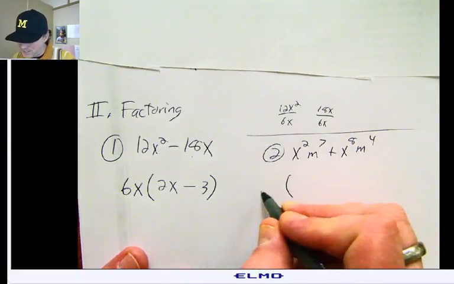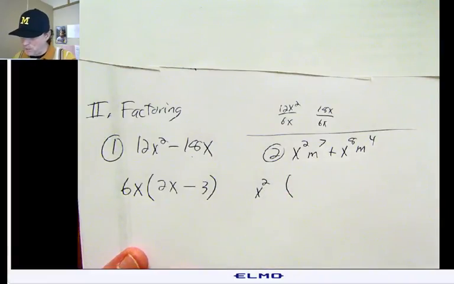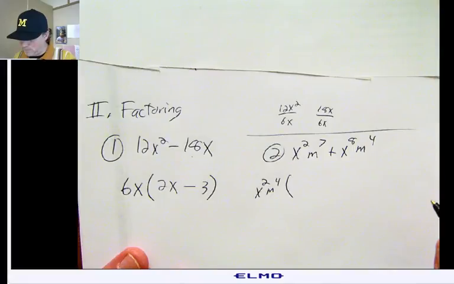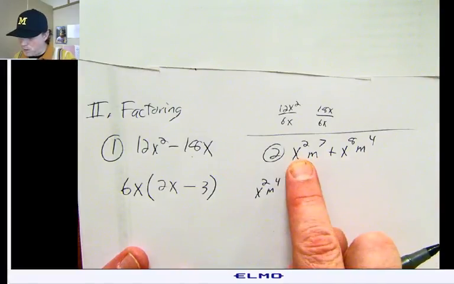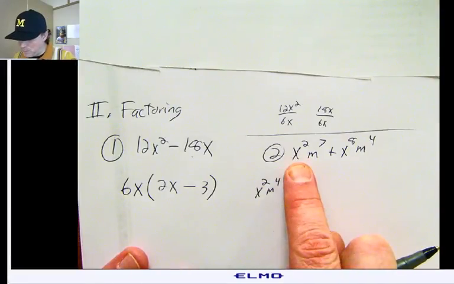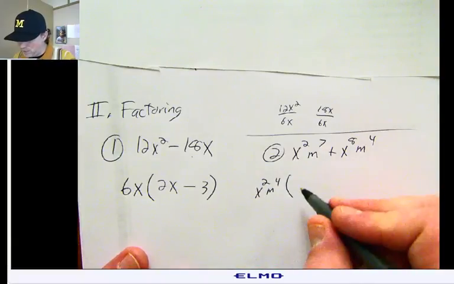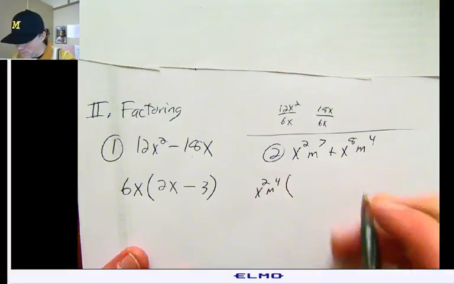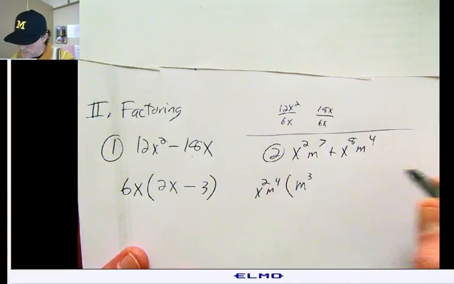Between the x's, they have an x squared in common, and between the m's, they have an m to the 4 in common. If I factor out an x squared, the x's are gone on the inside. I had 7 m's, but I'm factoring out 4 of them, so I end up with m cubed.